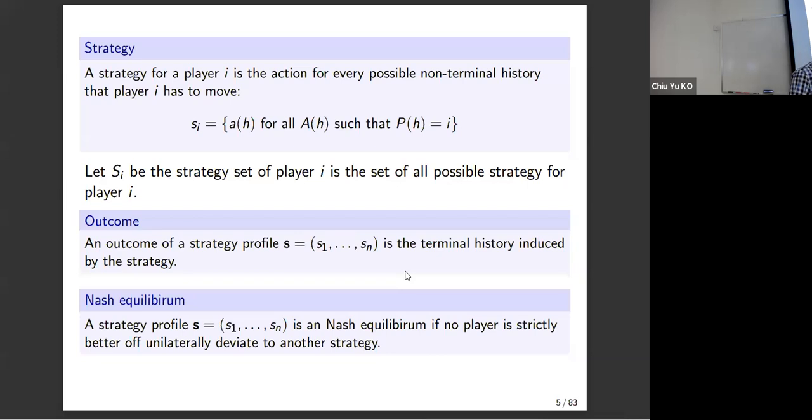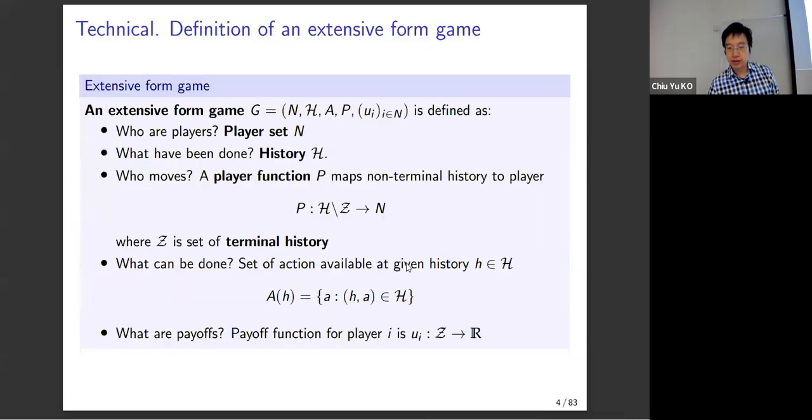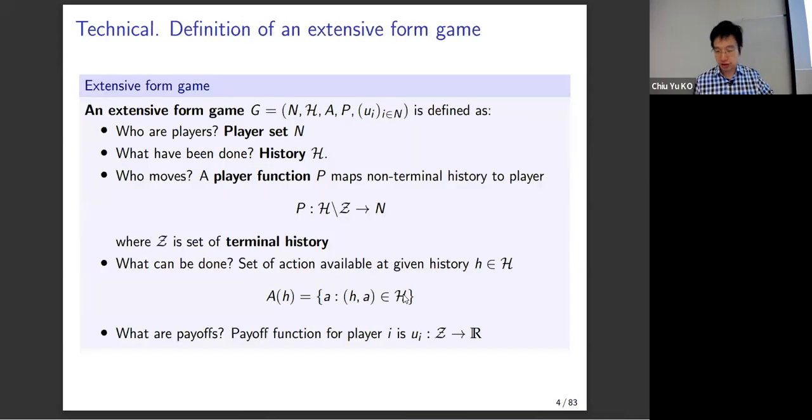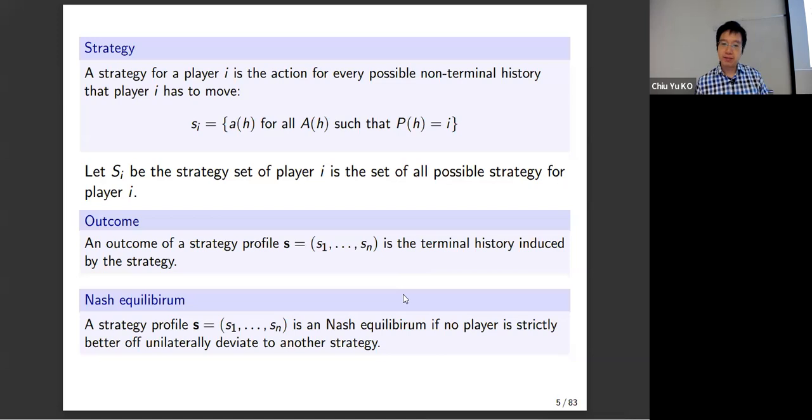Because based on a strategy, you will induce the outcome, like player one chooses head, player two chooses tail, right? So that's the outcome. Or sometimes outcome depends on the strategy choice by the players, or what are the payoffs, right? Equilibrium payoff. So next, equilibrium is the same as before: no one can deviate.